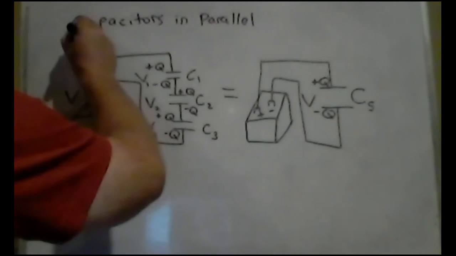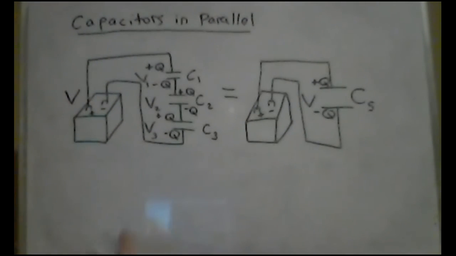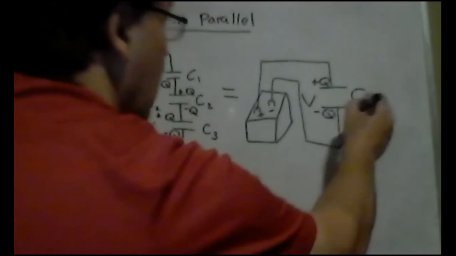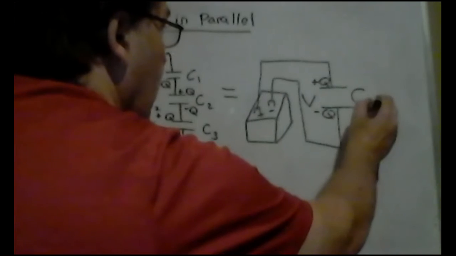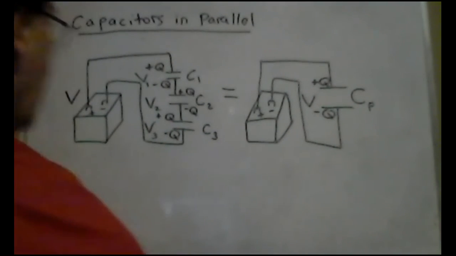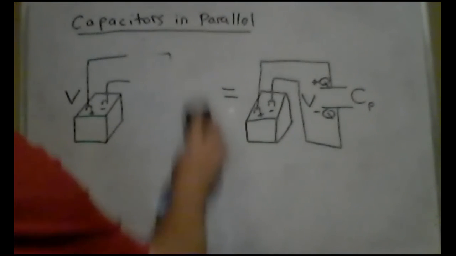All right, parallel connection. So again, I want to have an equivalent circuit. So I'll change this S to a P for parallel. And what does a parallel connection look like? So again, I'll change my picture around. I'll have three capacitors like I did before.